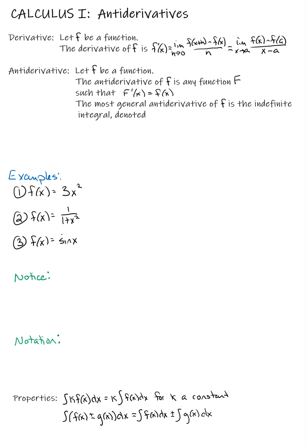The most general antiderivative of lowercase f is called the indefinite integral, and it is denoted using the stretched out s followed by lowercase f of x dx. And this is equal to uppercase F of x plus c, for c a constant.